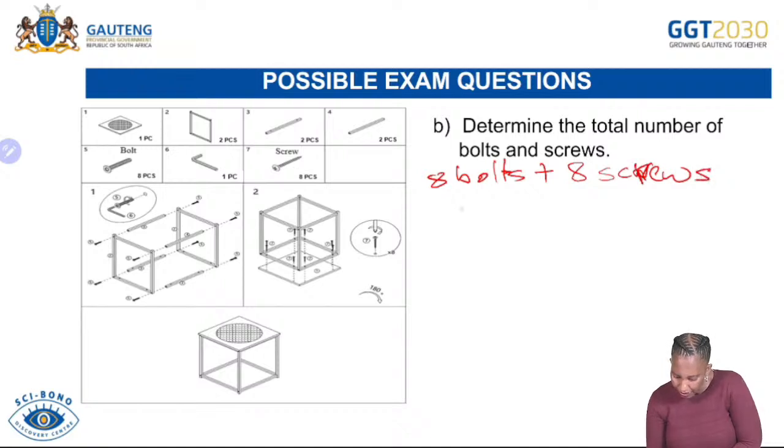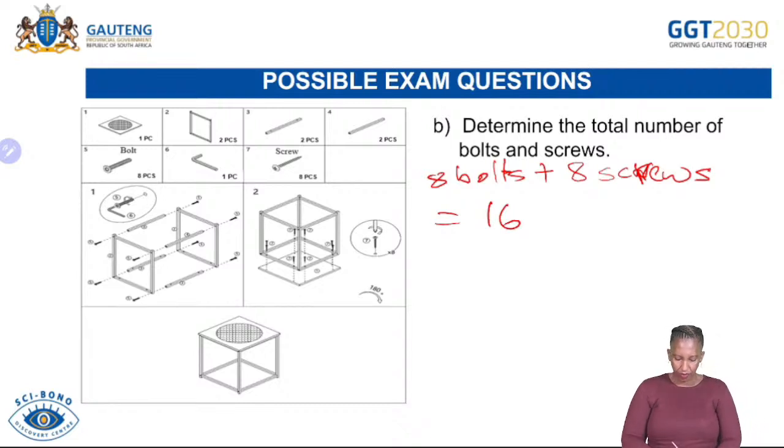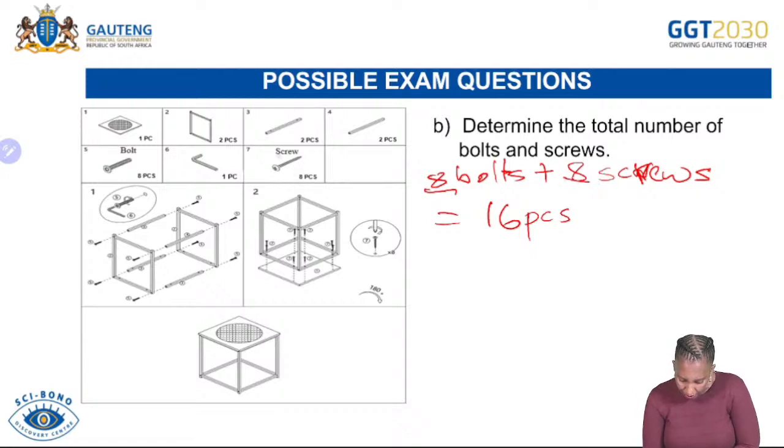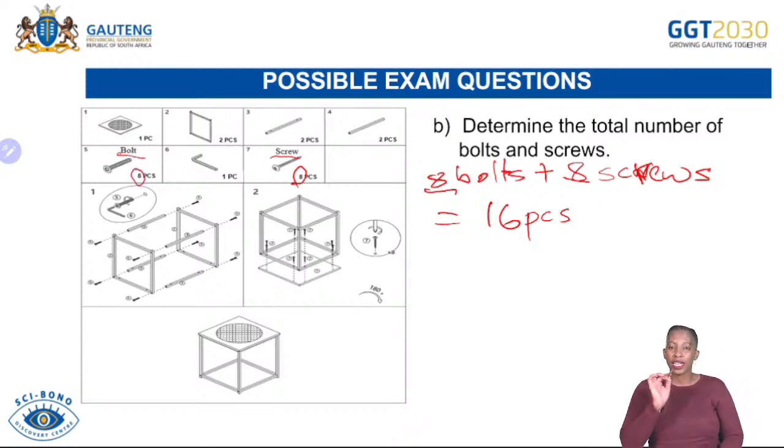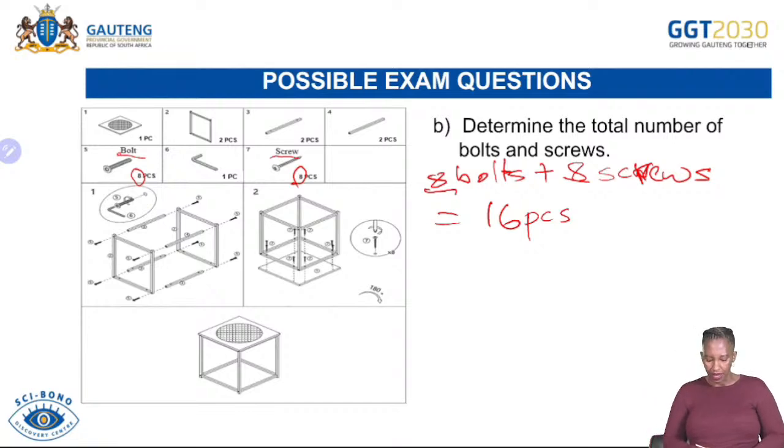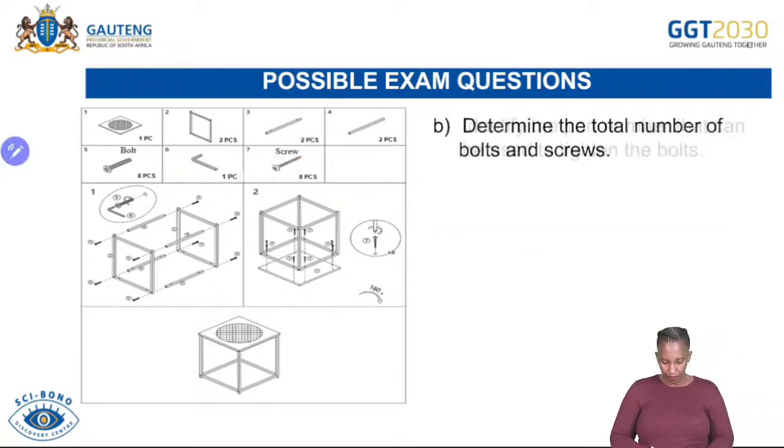We've got 8 bolts and 8 screws. All in all, we've got 16 pieces, because it is 8 plus 8. We have taken it from here. The screws, they are 8, and then the bolts, they are also 8. So we just add those pieces, and then they gave us 16.